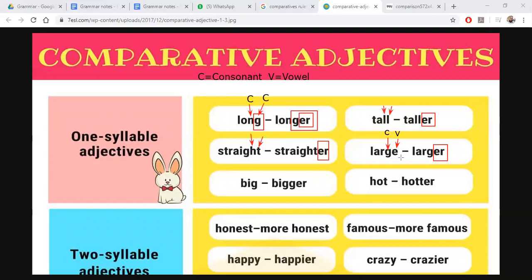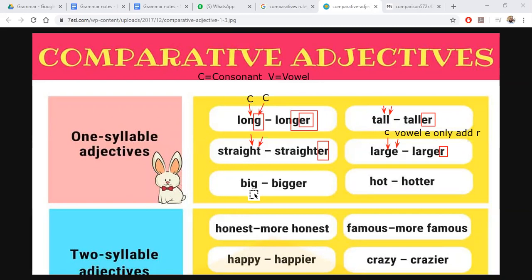When we have the vowel E there, we only add r, because we already have the vowel E. So consonant and vowel E, you only add r. That's what you're going to do.